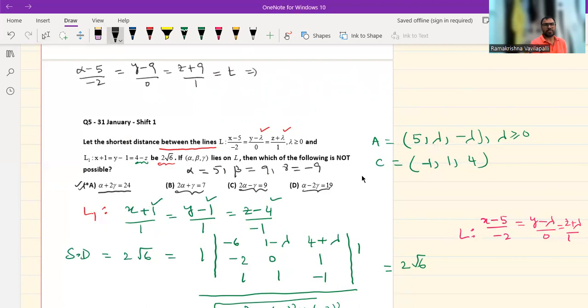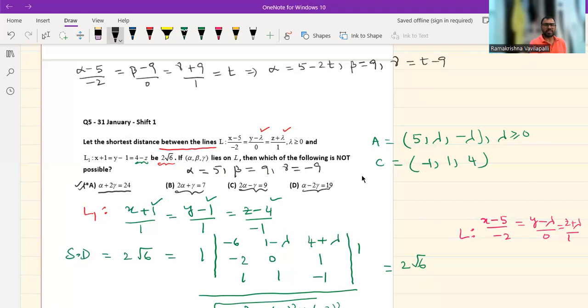So this implies you will get alpha equal to 5 minus 2t and beta equal to, of course, beta is not necessary because every option involves only alpha and gamma. So here beta equal to 9, of course, and gamma equal to t minus 9.